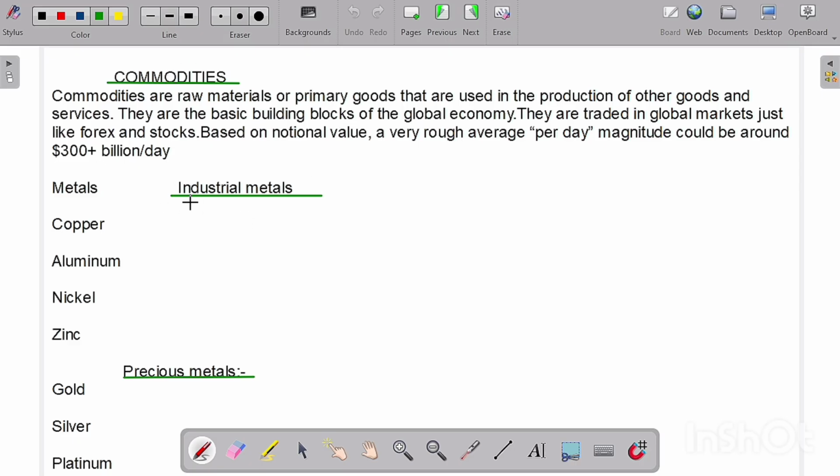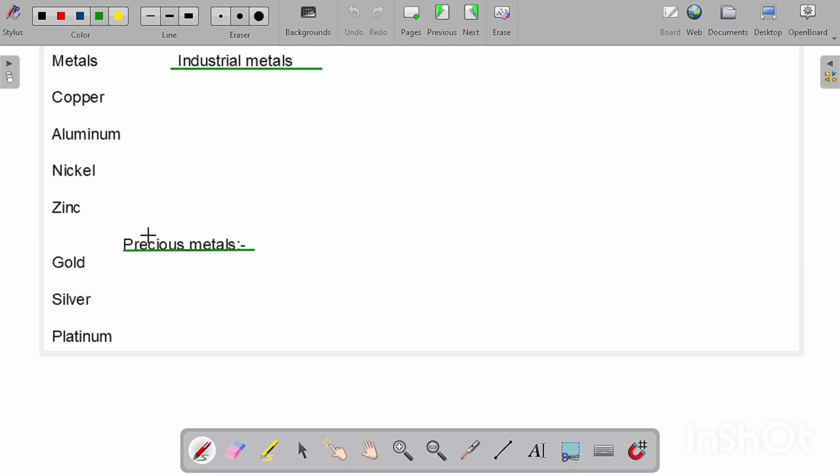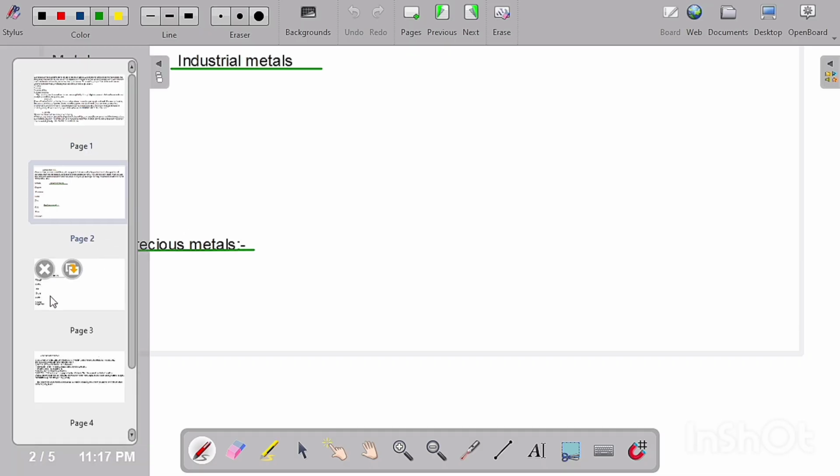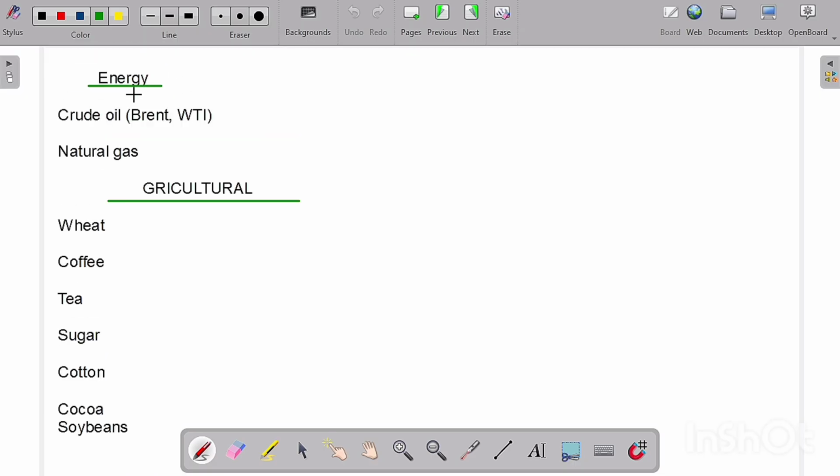Let's go into a slightly deeper explanation on commodity. Let's look at metal. We have copper, aluminium, nickel, and zinc. On precious metal, we have gold, silver, and platinum. That's metal. Let's go to energy. We have crude oil, which is Brent and WTI, and natural gas.